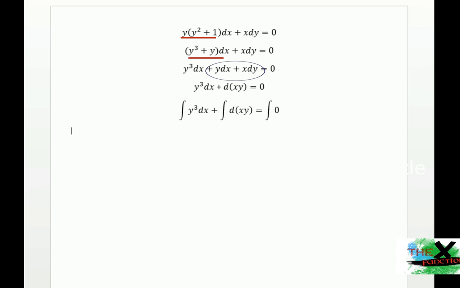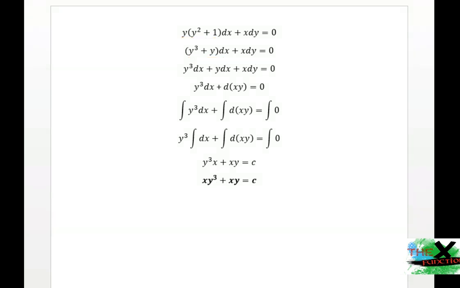Here, let's treat y cubed as a constant. So we have y cubed times the integral of dx plus the integral of d of xy is equal to the integral of 0. Then do the integration. y cubed x plus xy is equal to c, or xy cubed plus xy is equal to c.